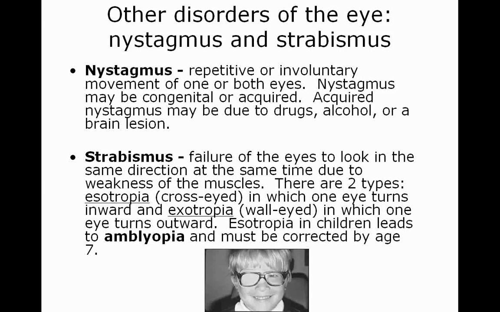This has to be corrected at a very early age, but the correction is that the person will wear a patch over that bad eye. I said that wrong. They'll actually wear a patch over the good eye, and they'll be forced to begin to see through the bad eye that has been corrected with surgery. The surgery will correct the muscles. The surgery will make the eyes look both in the same direction.